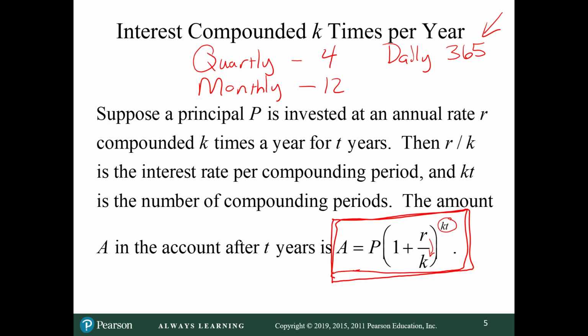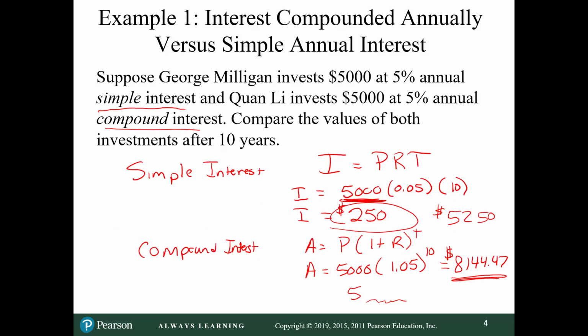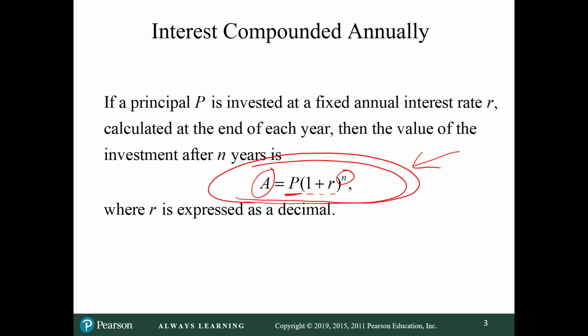Those of you who have been in personal finance should know this formula. So this is compounded more than once a year. The basic compound interest formula had no K in it.